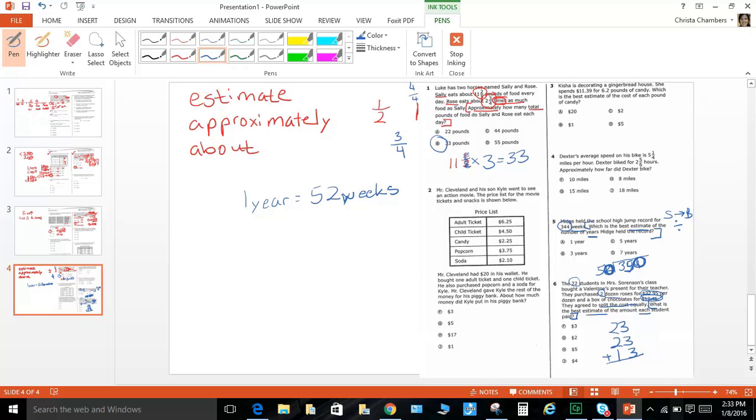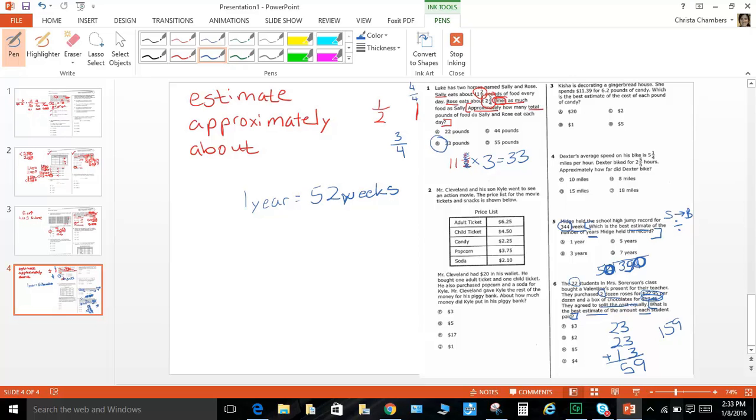Okay, 3 plus 3 plus 3 is 9. 2 plus 2 is 4, plus 1 more is 5, so about $59. And it says that 22 of them split that equally. So that's dividing 59 by 22.